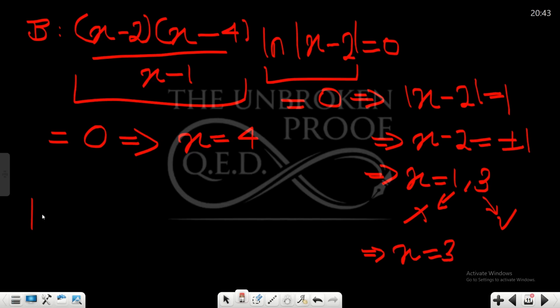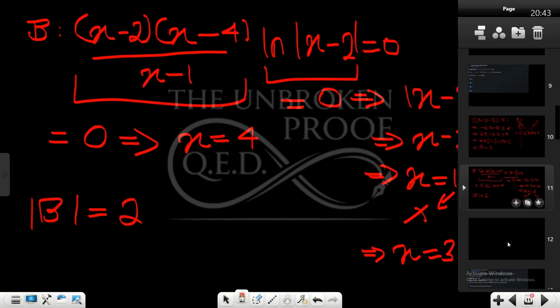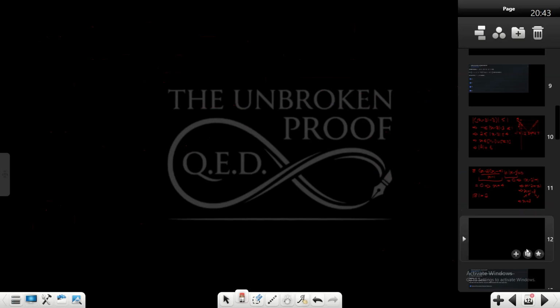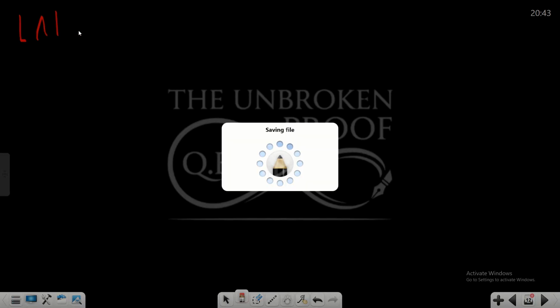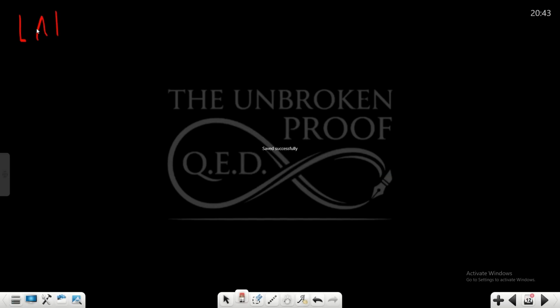So if you see, the number of elements in B is equal to 2, because only two solutions are possible. Now if we consider the number of onto functions from A to B, we know that |A| is equal to 6, and |B| is equal to 2.